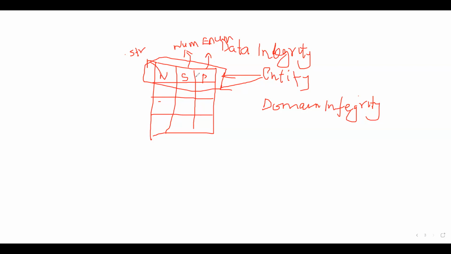They will tell you, when you're designing this database, ensure that the input is this and it cannot be that. And when you give it something else, it will reject it and throw an error, and you will define the error it will throw. That's what we call domain integrity.